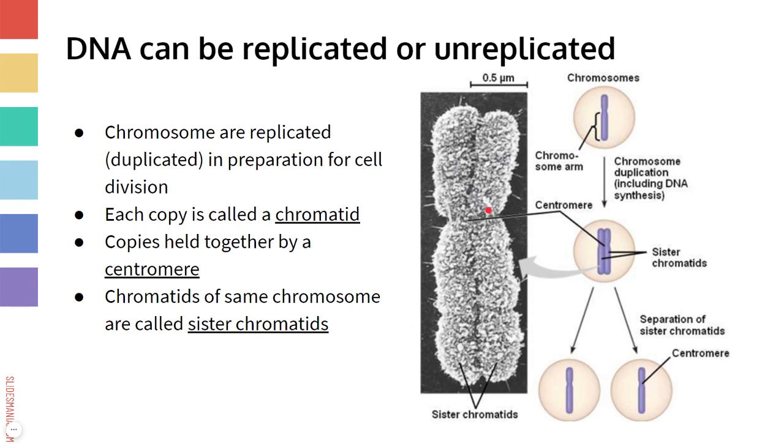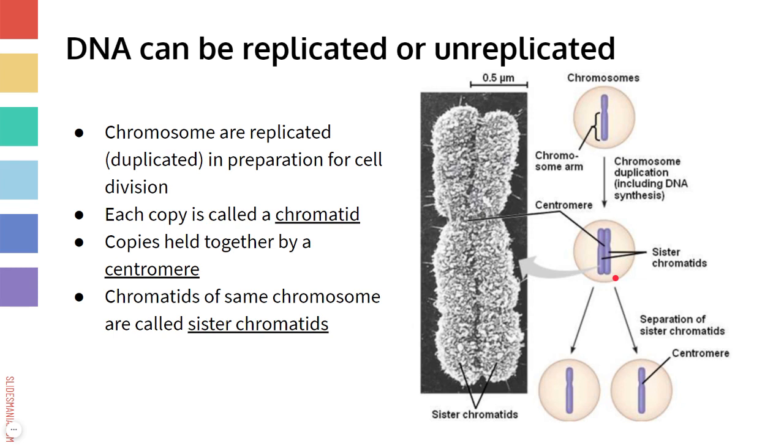And specifically, if we're thinking about two copies of the exact same chromosome, like we are here or here, we're going to call them sister chromatids. So these sister chromatids are exact copies of one another, they're exactly the same.